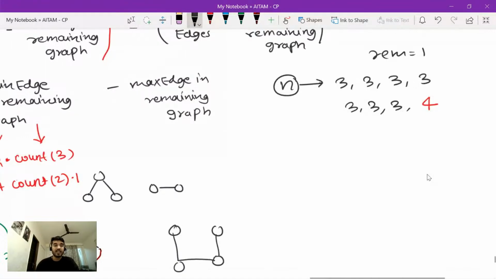Cool. So let's just go with this 4 path. So in this case, what will be my answer?